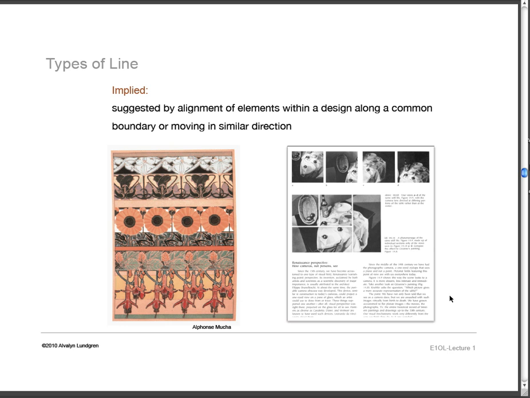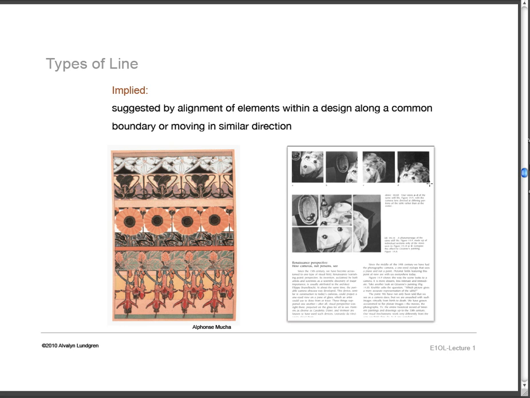We find alignment a lot in web pages, in printed pages, billboards, posters, anything to do with type. If you notice the top edges of all these photos line up, you can draw a straight line, and the side edges all line up, and it lines up with the text boxes.